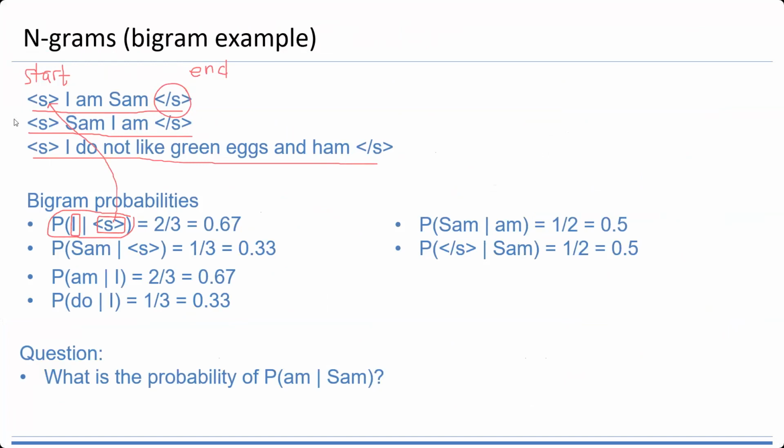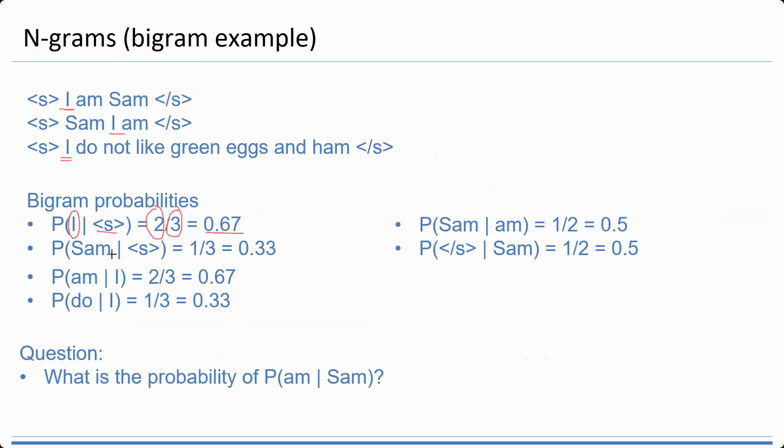Based on this data, there are 2 I's after the <s> among 3 sentences. So 2 out of 3, we can see that I is the start of the sentence. So the probability is 0.67.